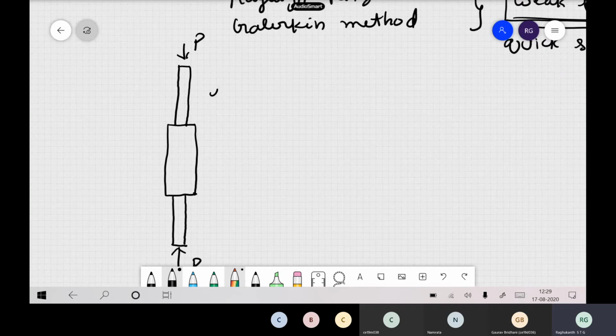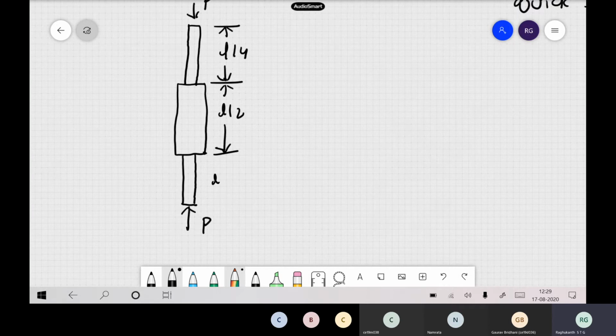Okay. So this is L by 4. This is L by 2. And this is also L by 4. So total is L itself.